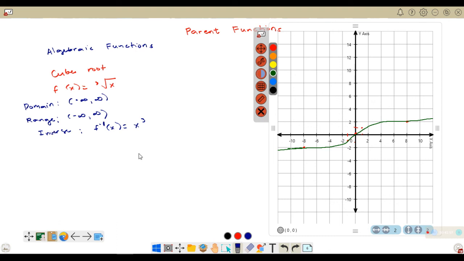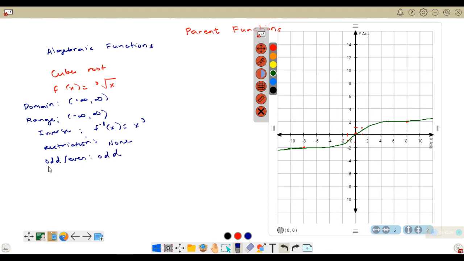Next, doon na tayo kay restriction. Do we have any restriction? Wala. Lahat valid i-substitute. Next, is it odd or even? Again, it is symmetric about the origin. So, obviously, it is odd.